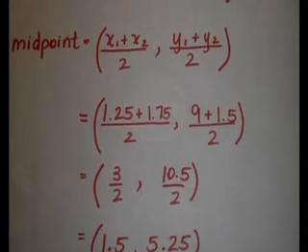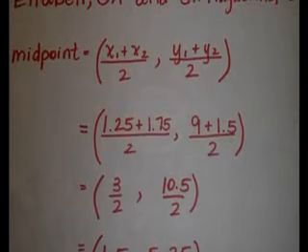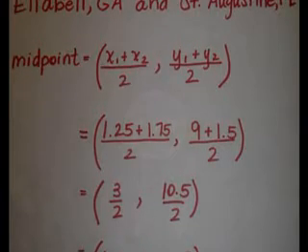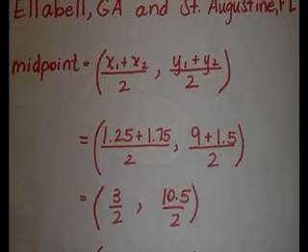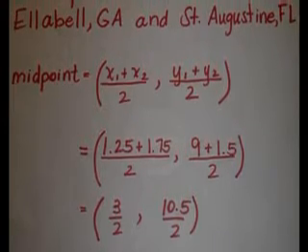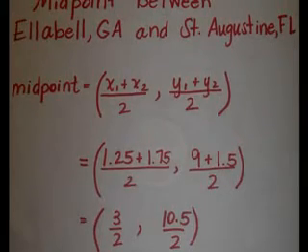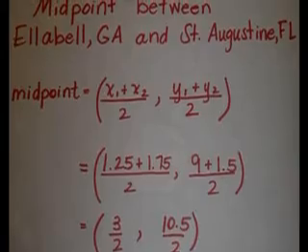We will substitute the values into the midpoint formula. Once we have added the x's and divided by 2, and added the y's and divided them by 2, then we will have our midpoint. We now see that the midpoint of the trip is (1.5, 5.25).